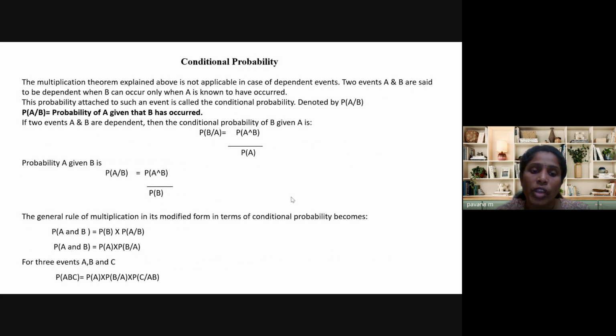So P of A intersection B is equal to P of A by B into P of B. That is the formula for P of A and B. P of A and B is equal to P of B into P of A by B.